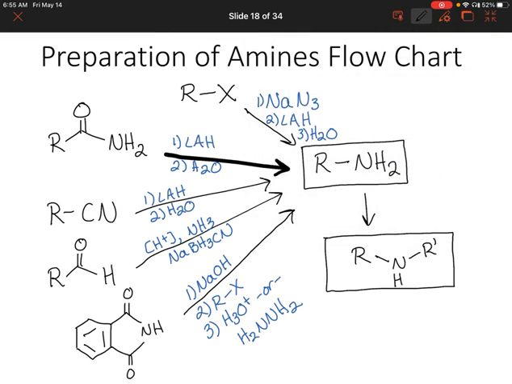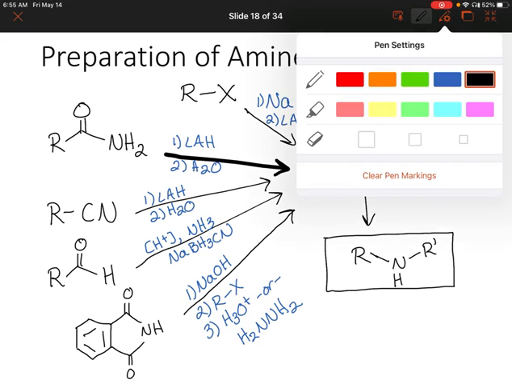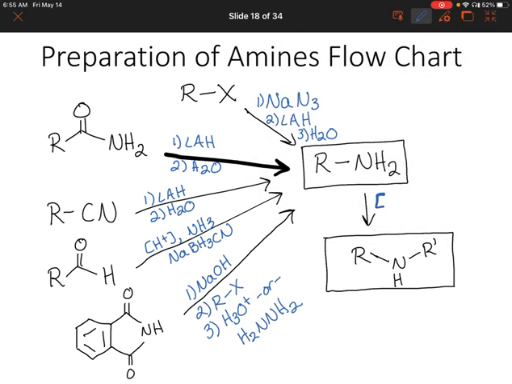There we go. Still just an R group. So we're going to use reductive amination, and we're going to use the primary amine as one of our reactants. But remember, we also need an aldehyde or a ketone. So we could just use, let's say, an aldehyde. And again, we'll use sodium cyanoborohydride.